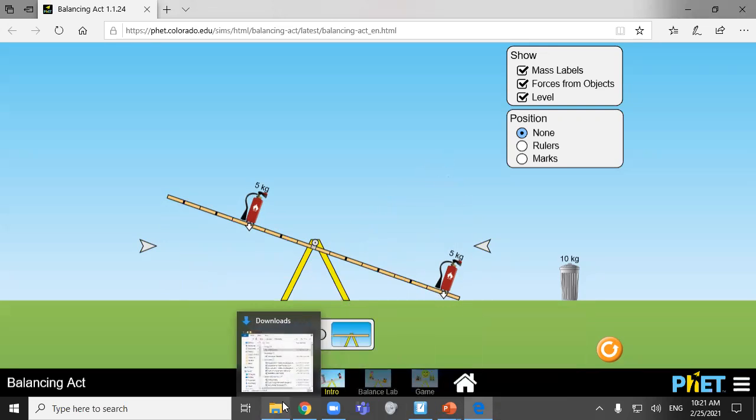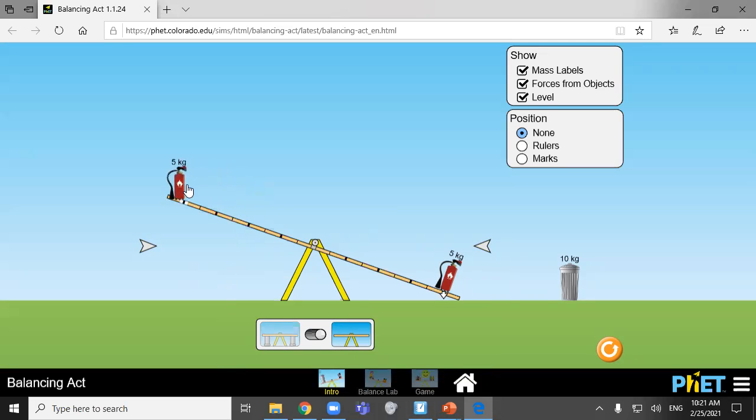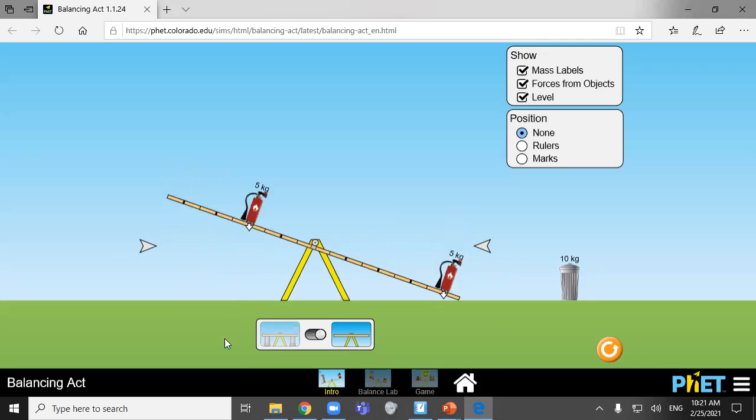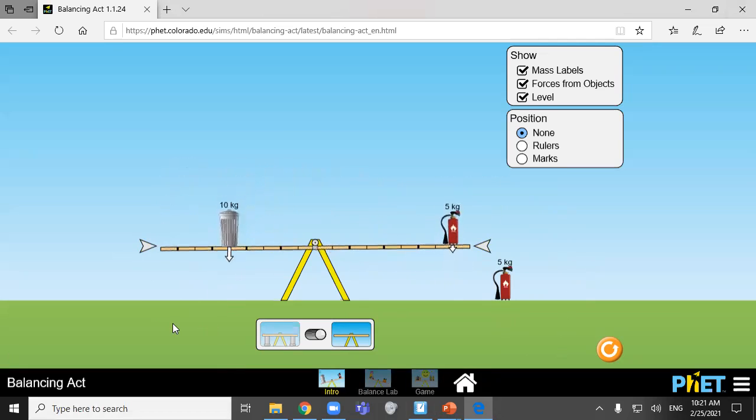Okay, now I'm going to balance this. You can either move this guy here, so now it will be balanced. That is one way of balancing it. Or let me keep it back and take him out and use the 10 kilogram at the same place as before. It will be balanced, right? Oops.